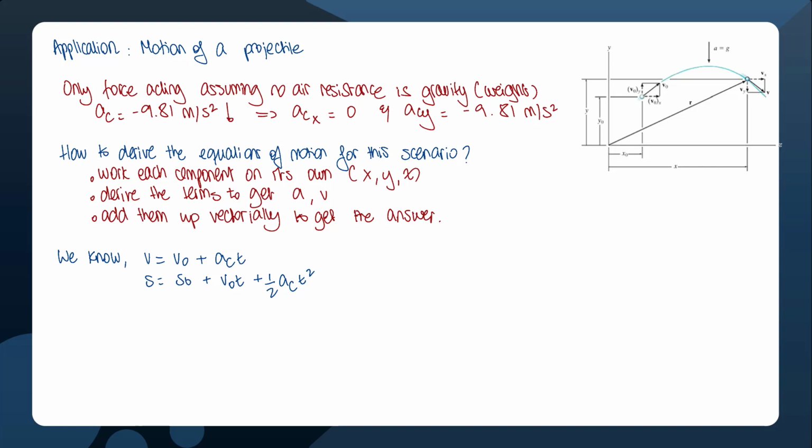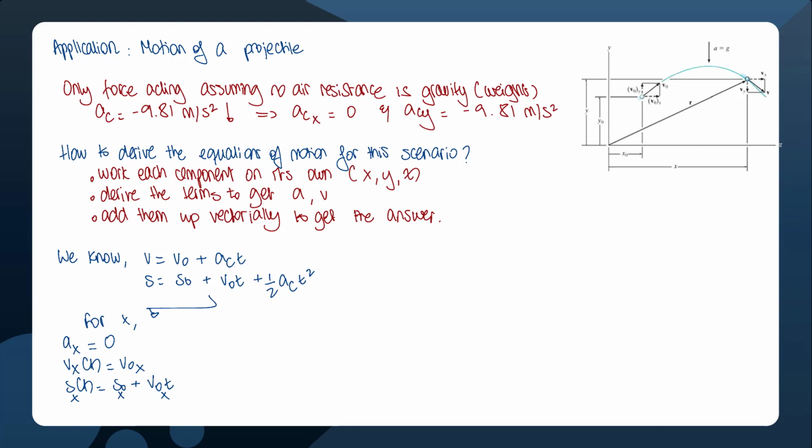Now, following the steps, we need to work out each component on its own. So let us start with x. We know that the only acceleration in the case of a projectile is gravity. So a_c is equal to minus 9.81 and it is always directed downwards. One can say that a_cx is then equal to 0 and a_cy is equal to minus 9.81.